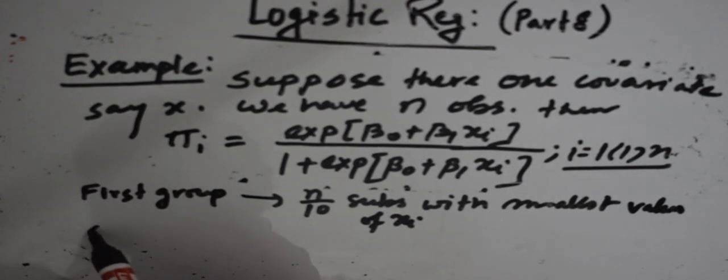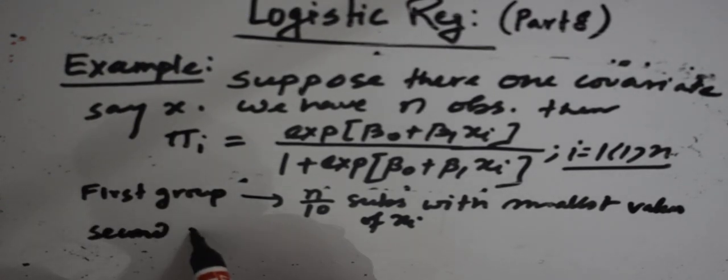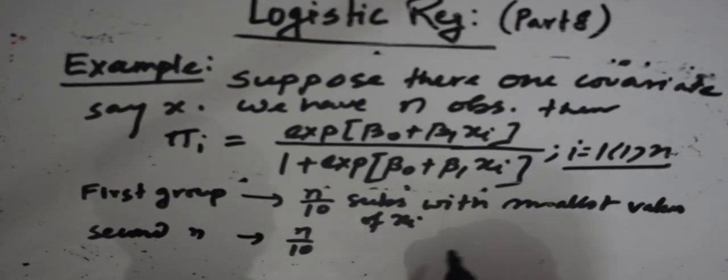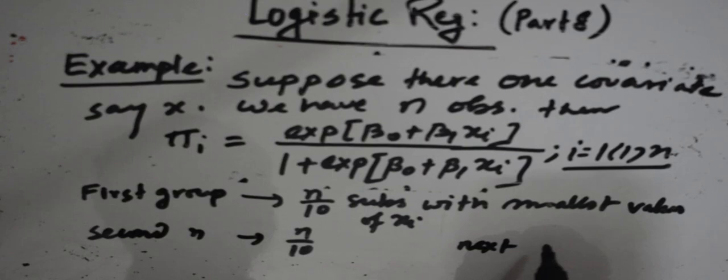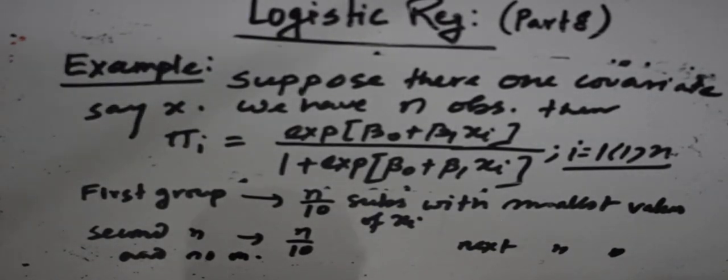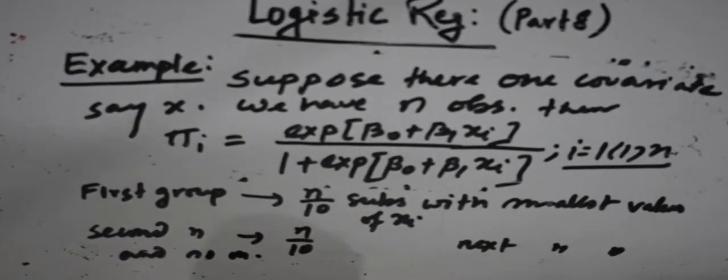The second group consists of n by 10 subjects with the next smallest values of xi, and so on. And the last group contains the n by 10 subjects with the highest values of xi.